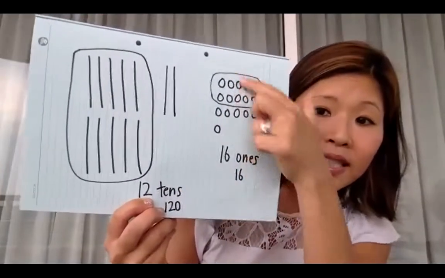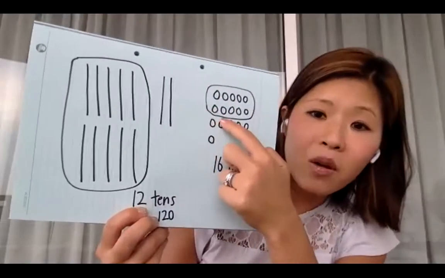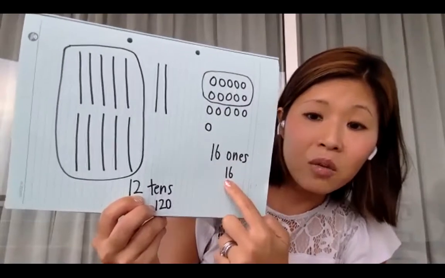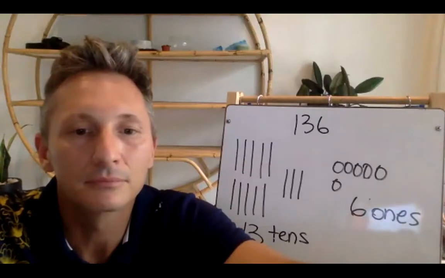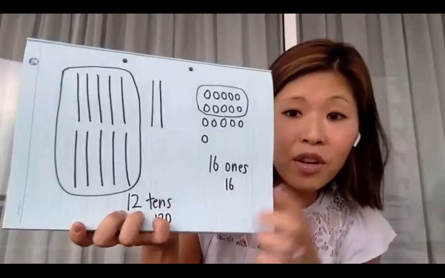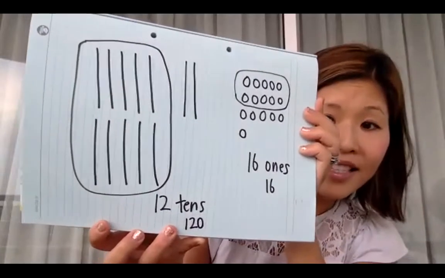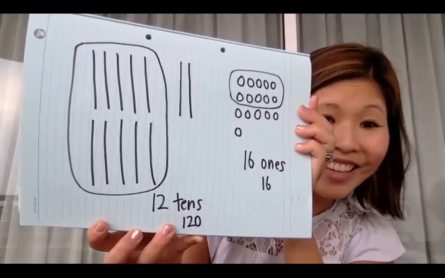So I drew 16 ones here, and this 16 ones equaled 16. So 120 plus 16 still gave me 136, but we are using different numbers of tens and different numbers of ones.